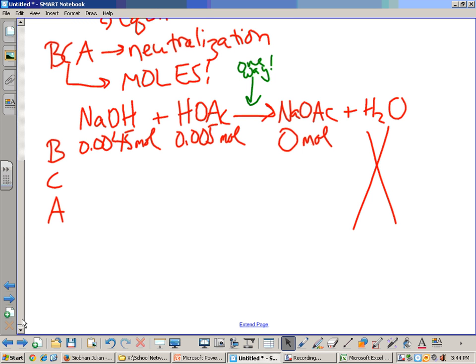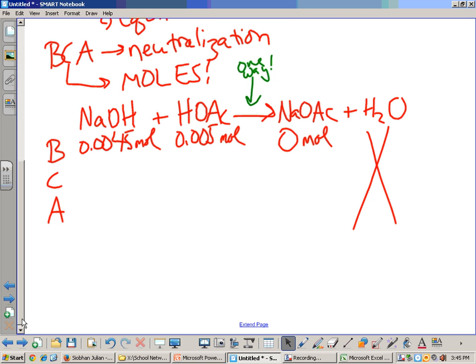But sodium acetate, that's the salt that we're generating. This is a salt that comes from a weak acid, right? It's got that acetate ion in it. It is the conjugate base of a weak acid, right? That OAc, that acetate ion. This absolutely has an effect on pH.